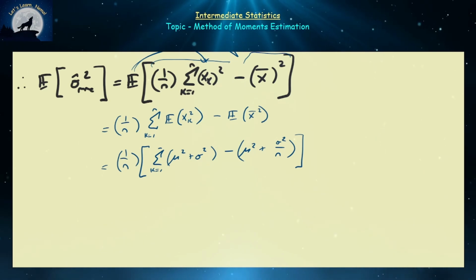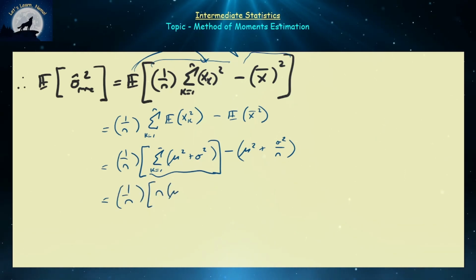Right? So once we have this particular expression, now we can start to distribute and simplify. Also, let's make sure that our bracket is not including anything it is not supposed to be associated with. Notice that this expression is independent of k, so that's just mu squared plus sigma squared added to itself n times. So that's going to be equal to 1 over n multiplied by n times mu squared plus sigma squared.